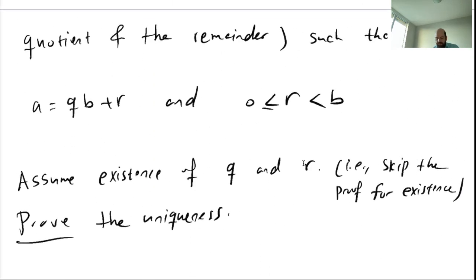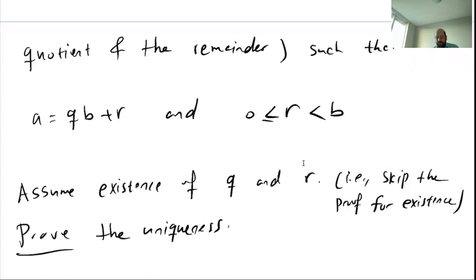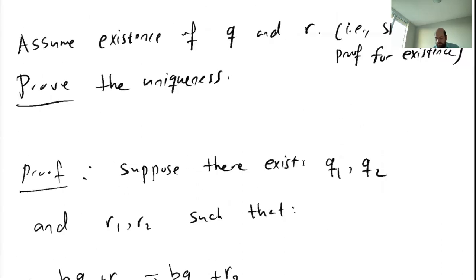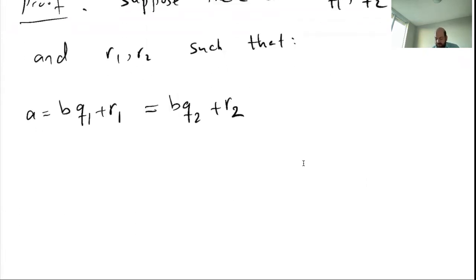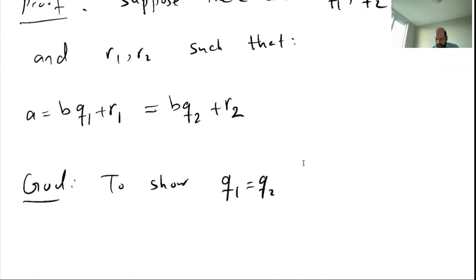Because our A has to have the property that it is equal to QB plus R. Now, if there are two such Q and two such R, let's say Q1, Q2, R1, R2, then A has to be BQ1 plus R1 and also BQ2 plus R2 at the same time. And what is my goal? Our goal is to show Q1 equals Q2 and R1 equals R2.